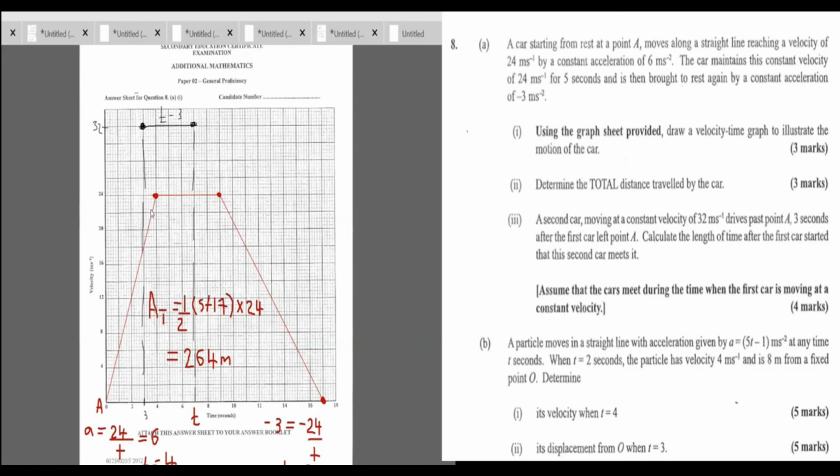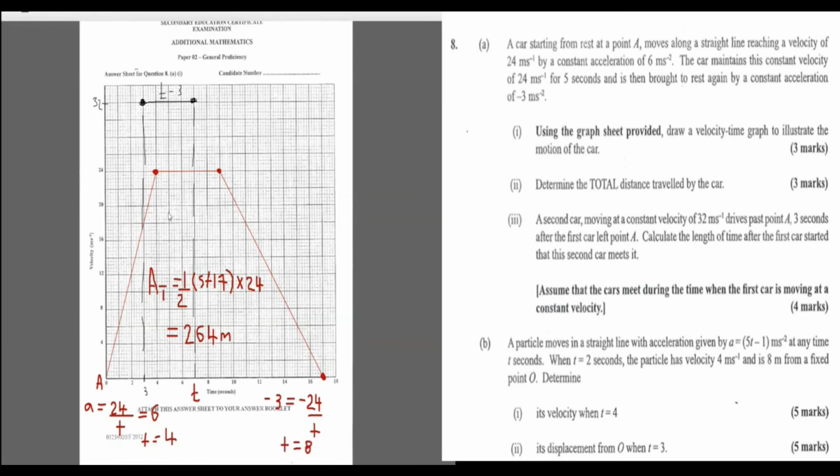Area of trapezium is a half A plus B times the perpendicular height. This green distance is A, this green distance is B.